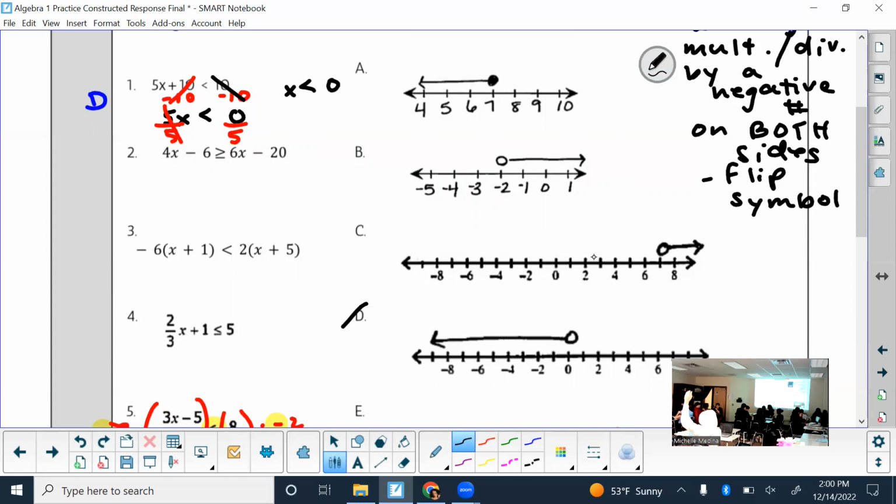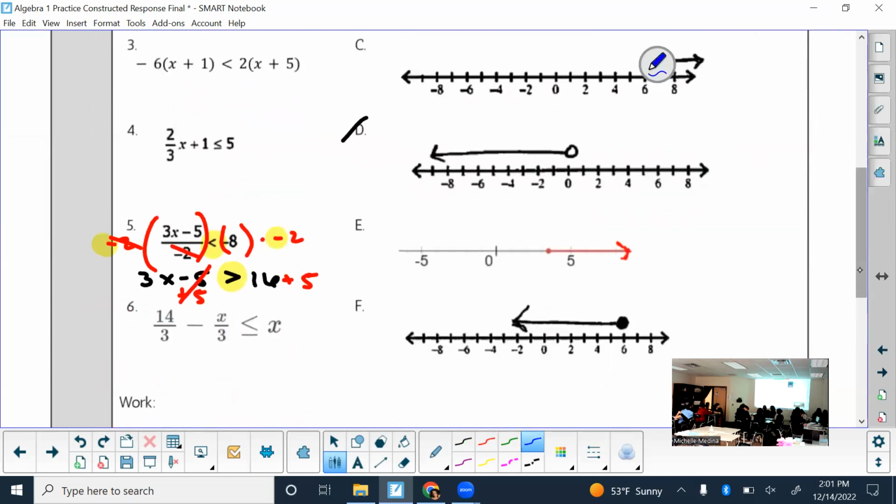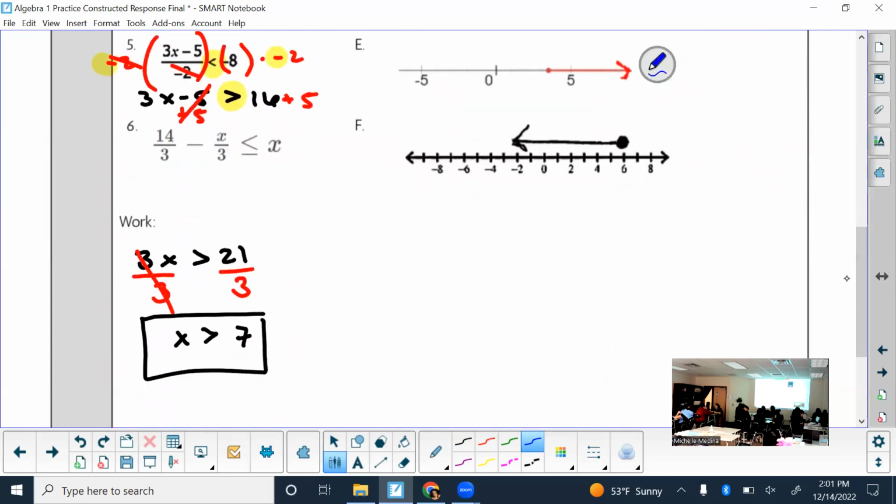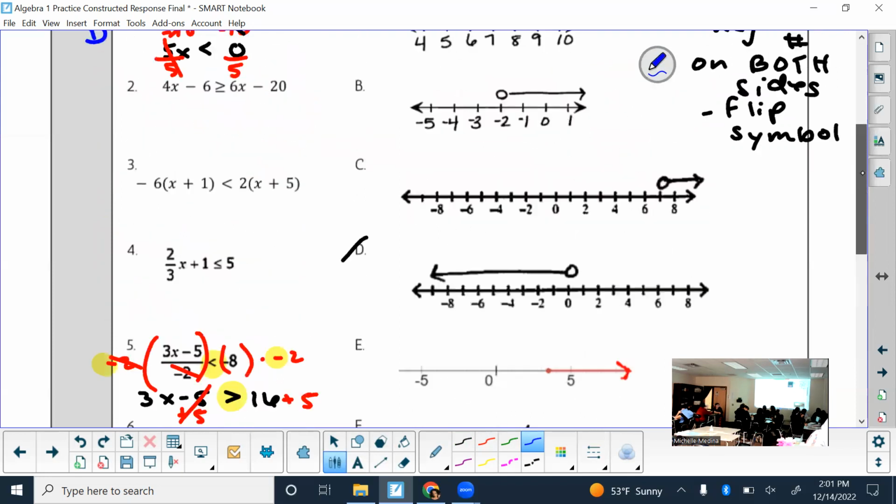Because it's greater than, it's everything greater than 7. Sorry, yes, it's C because it's on the 7 versus a -2. We're saying that X is greater than 7, so it should point to all the numbers bigger than 7.